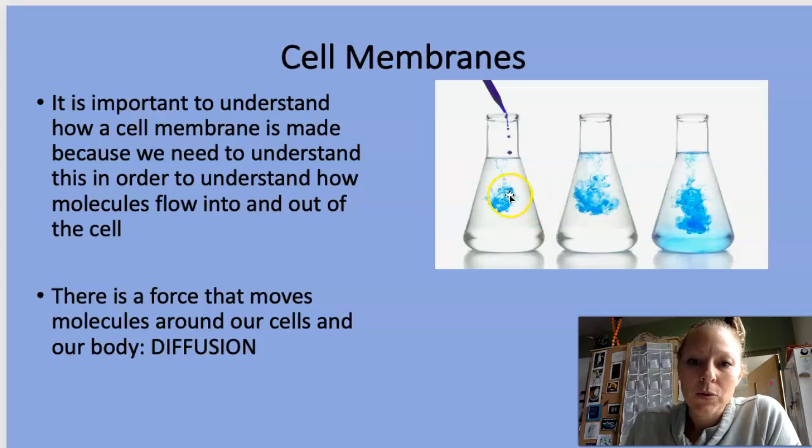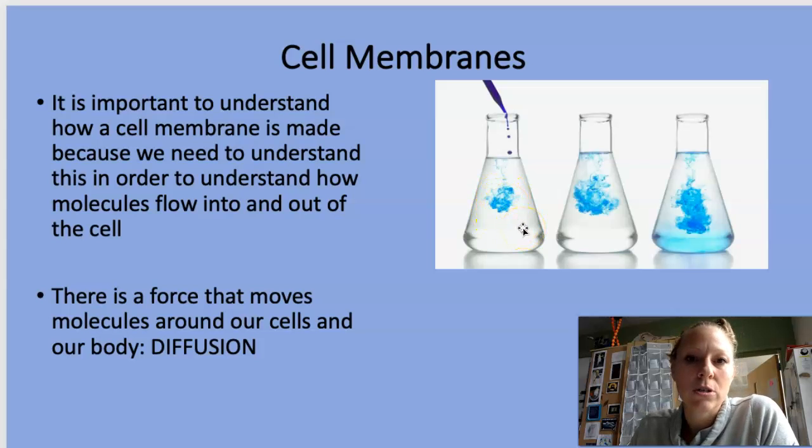Molecules bump off of one another and they end up taking up a greater amount of space. They move from areas of high concentration to areas of low concentration. This is called diffusion, and this is one process that allows molecules to pass into and out of the cell. But we're going to talk about that quite a bit more later on.